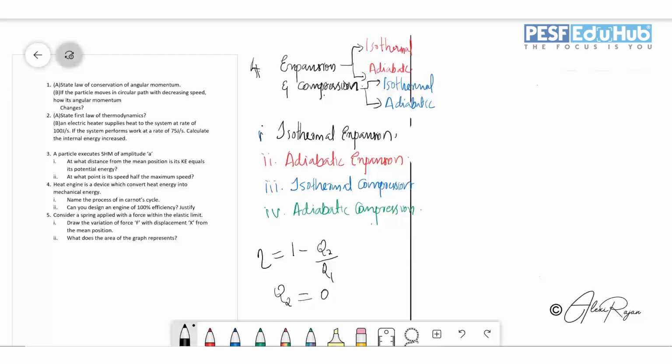But at any cost Q2 will not be 0. That means always there will be a factor here, there will be an answer coming there, so that you will not get a 1. 1 means efficiency, 1 means 100% efficient engine. So this is not at all possible. This is your justification for this particular question.